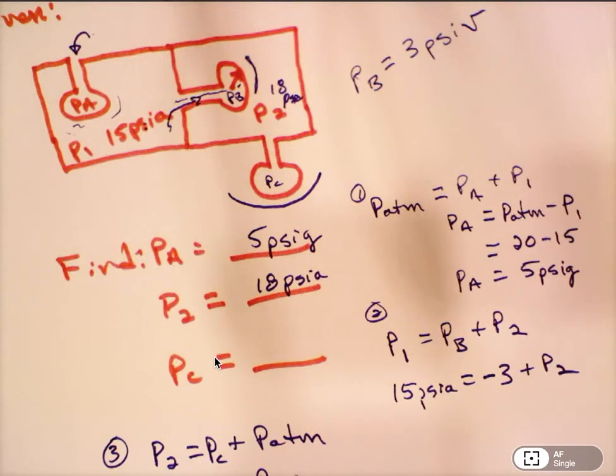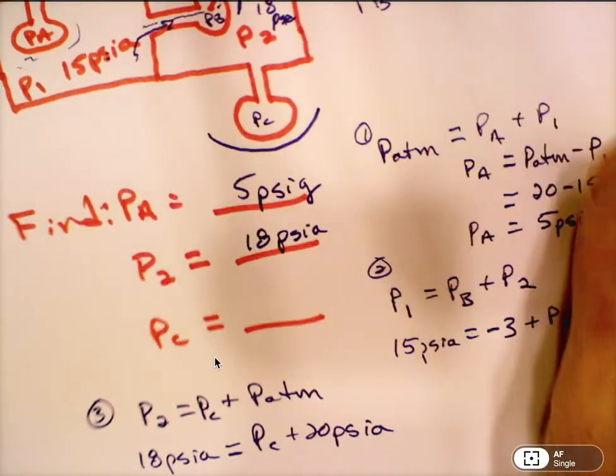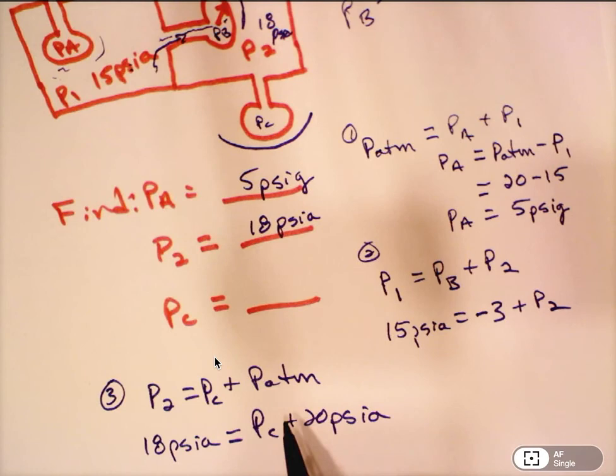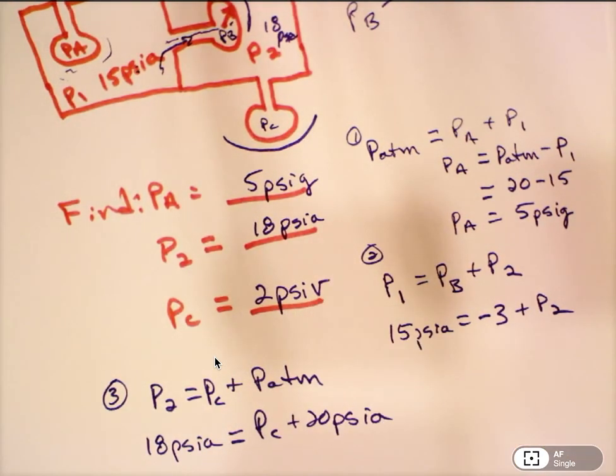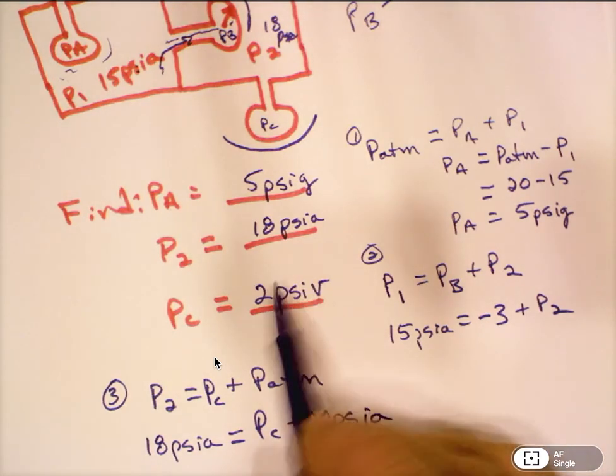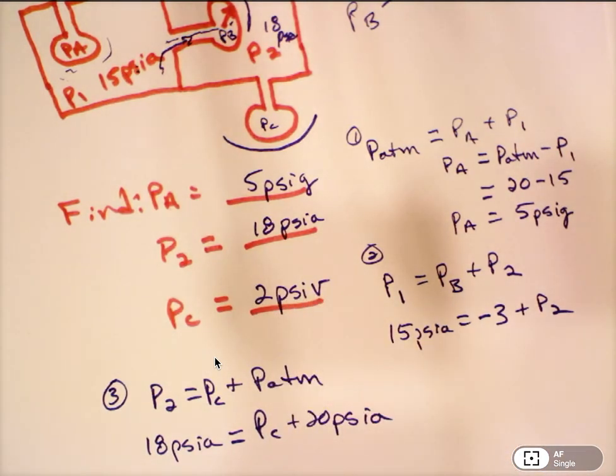P atmosphere is 20 psia. Solve this, I'm going to get negative 2. Oops. Negative 2. PC equals 2 psiv. When we put the V in, that means we don't put the negative down. All right, good enough.